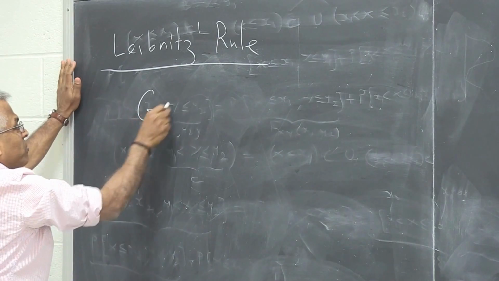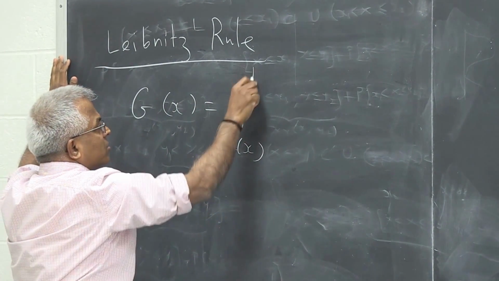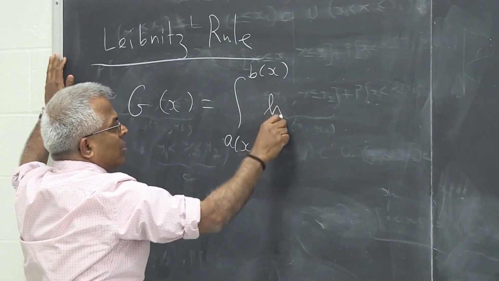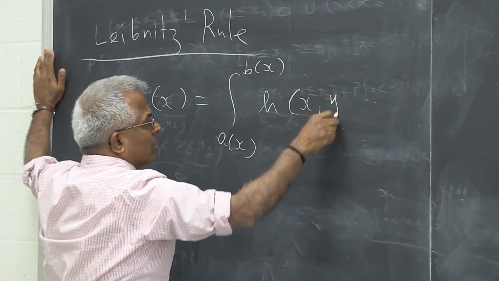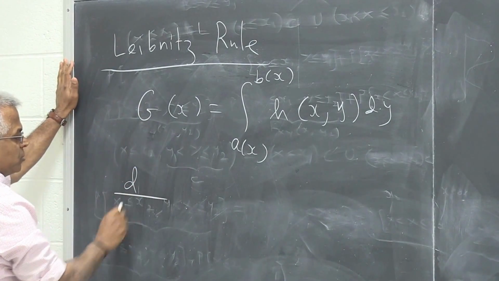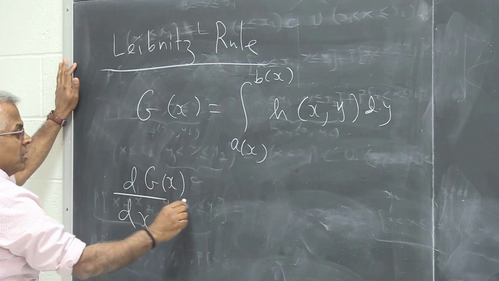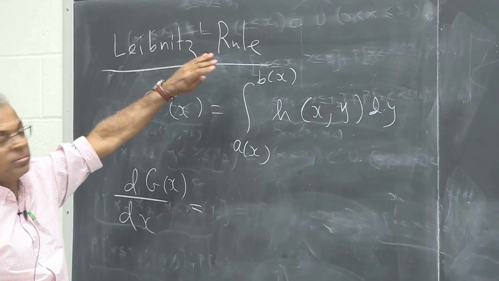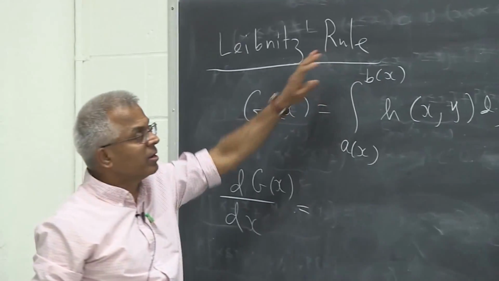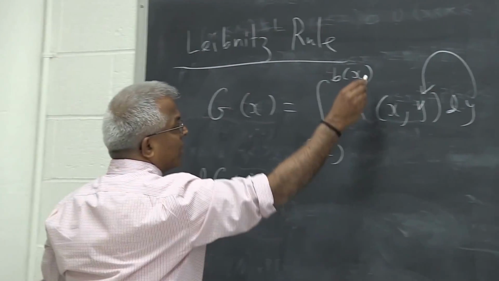So what was it? If you have a function g(x), which is the integral from a(x) to b(x), and then its derivative with respect to x. You remember the derivative of the top limit, right? So remember here the derivative is with respect to y.